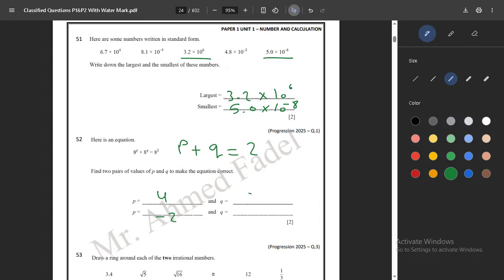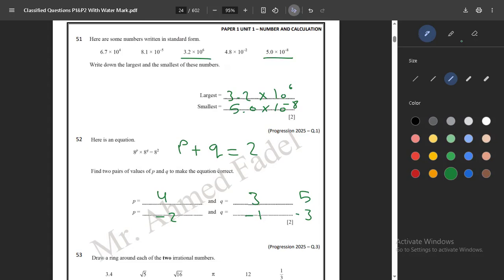Someone else might say, I'm going to write 3 and negative 1. If you add them up, they're going to give me 2? Yes. Okay, good. So there are many possible answers. The most important thing is that when you add them up, they give you a 2. So someone might say also 5 and negative 3. If you add them up, they're going to give you 2. Yes, this is also possible.